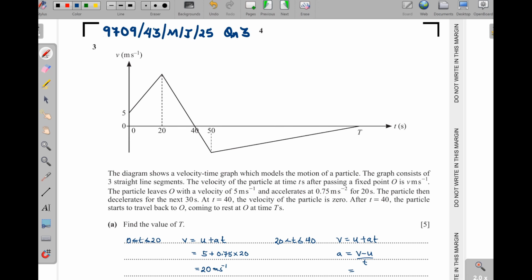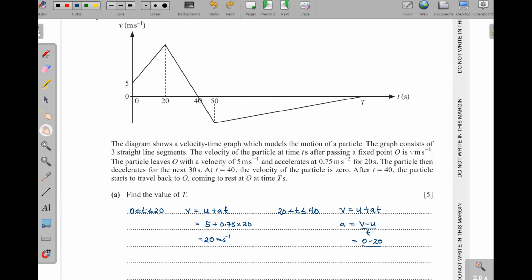So the final here, when it crosses the t-axis, is 0. Then the initial is this one we have gotten here, which is 20. Then the time taken here is 20.